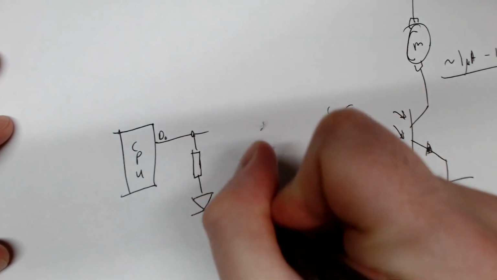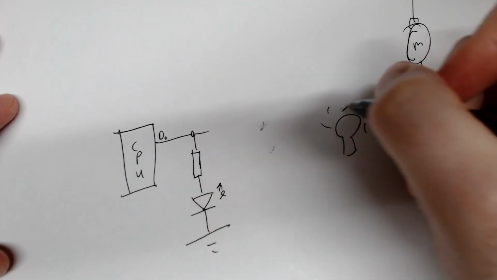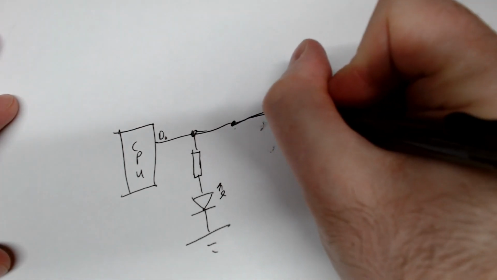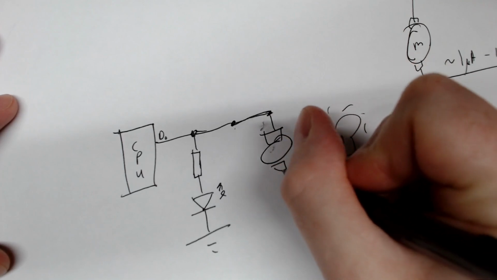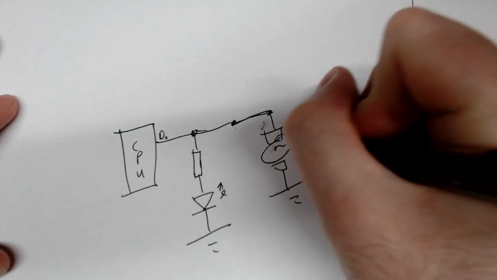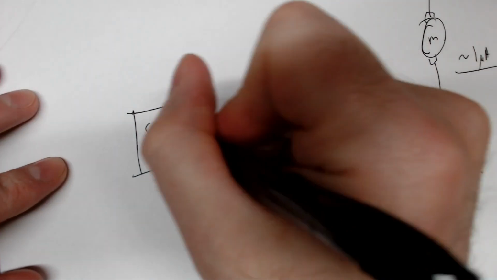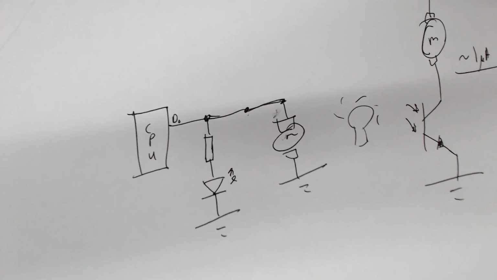So maybe it's something like an LED, like this, or maybe it's something like, in this case, a motor. Right now, all of these are going to draw current. All of this stuff is going to draw current. And this little output, depending on which CPU you have, is going to be able to source 10 milliamps, 20, 50 maybe? Depends on what it is.